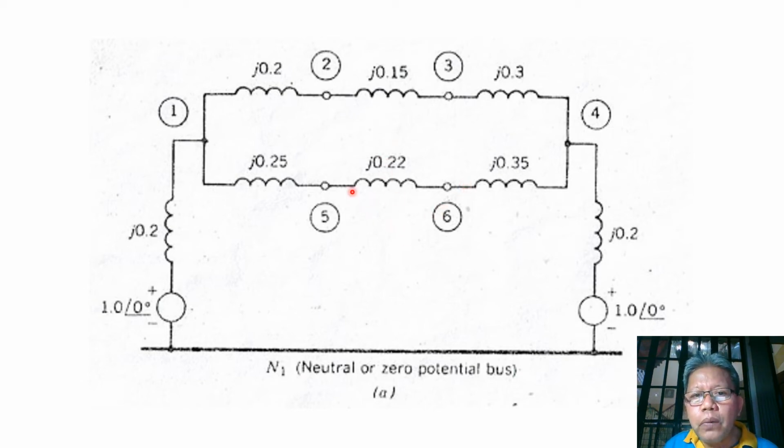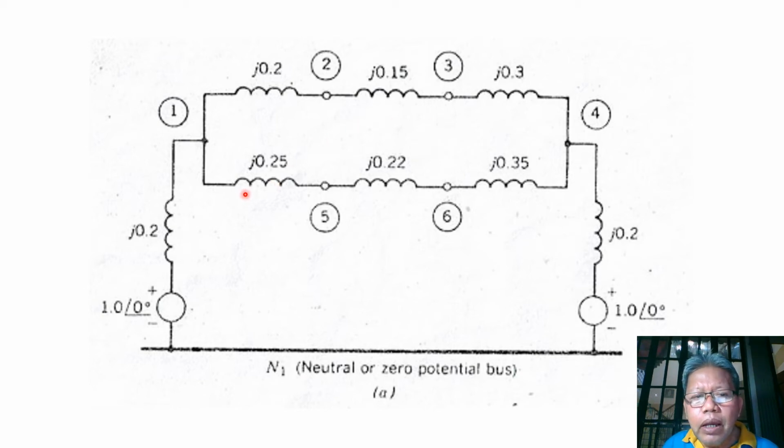Now, as required, there is a fault at bus 3, and we have to obtain the Thevenin's equivalent circuit with respect to bus 3, looking into the circuit with respect to bus 3. So there is a fault here.